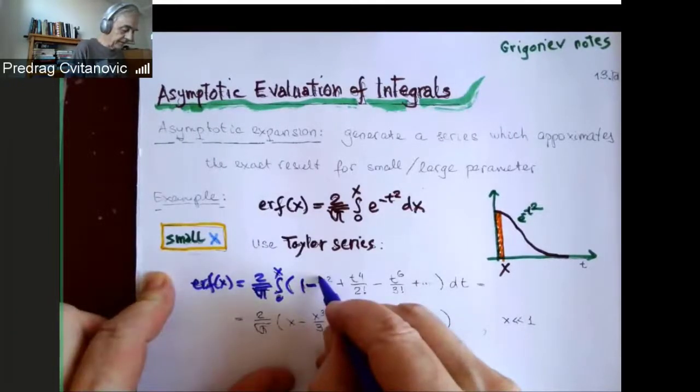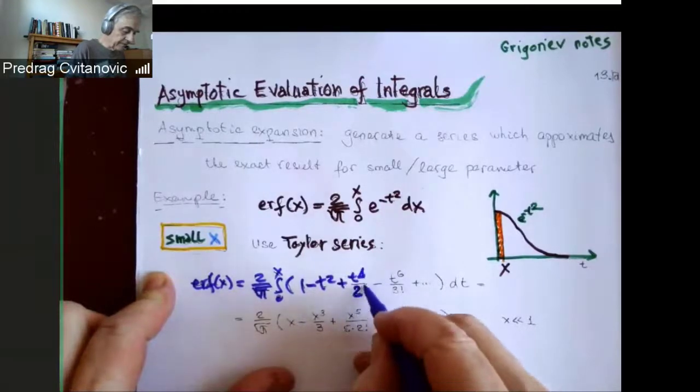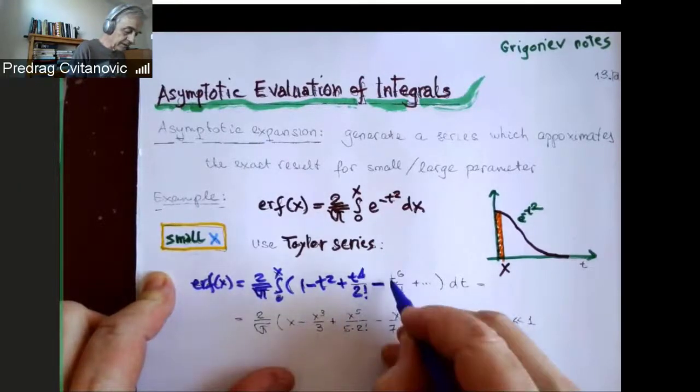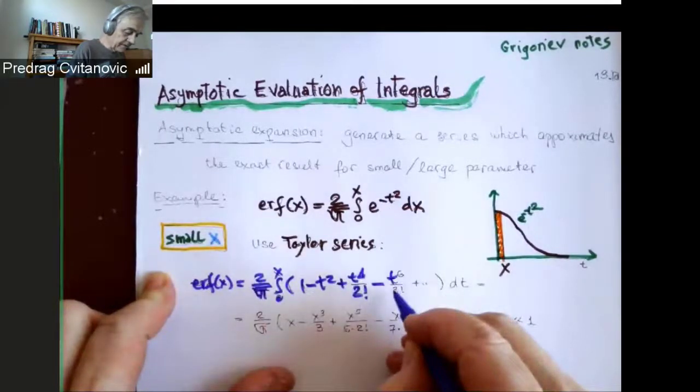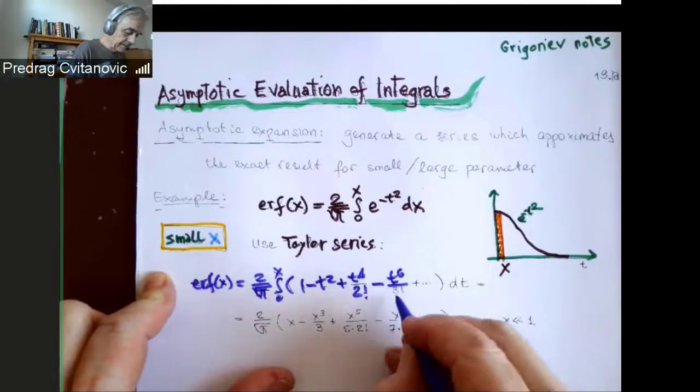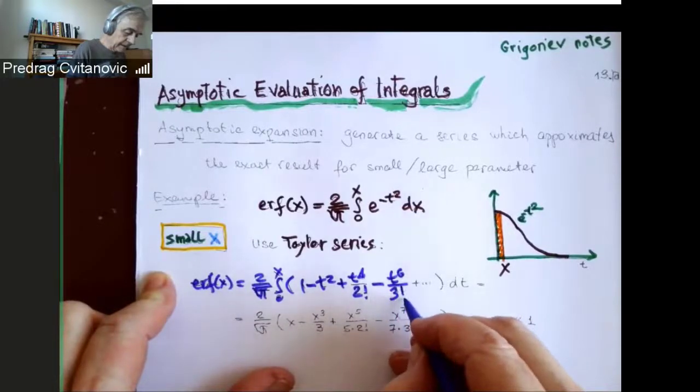First term, second term, it's just factorials, or turtles all the way down. There's a minus sign, so it alternates. And so on.